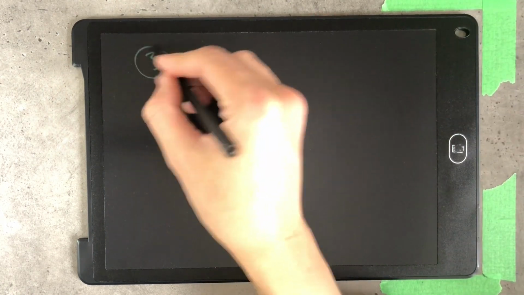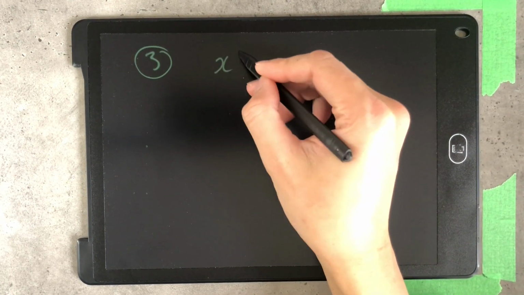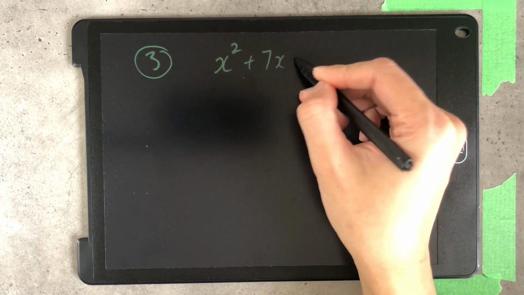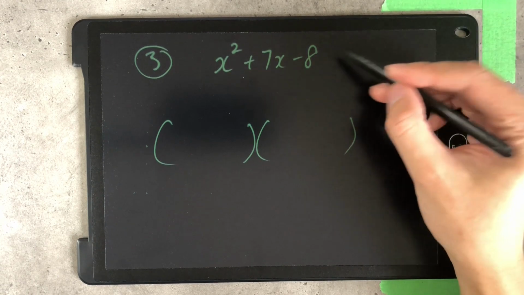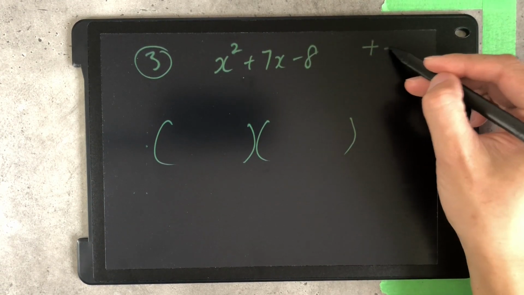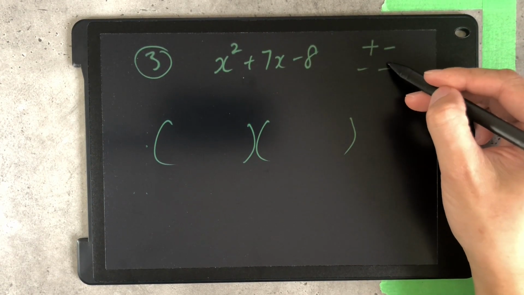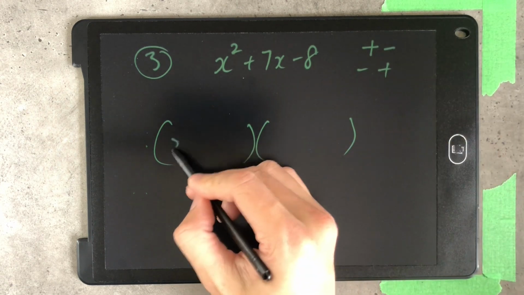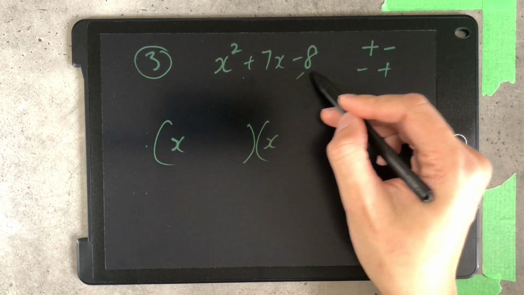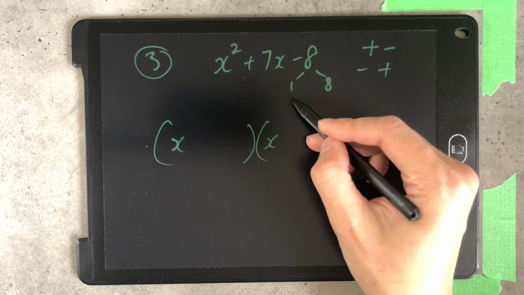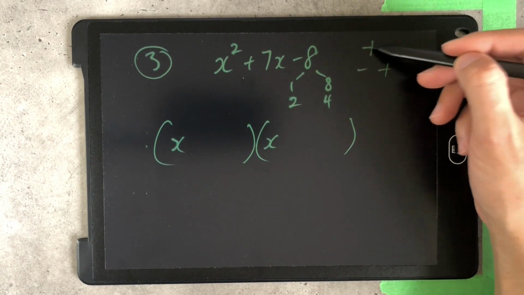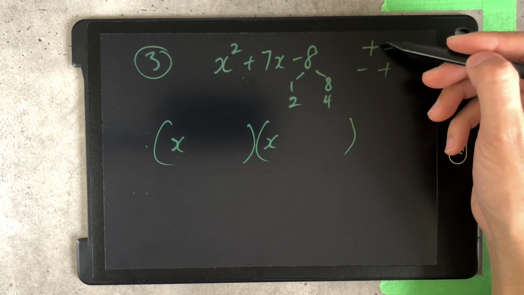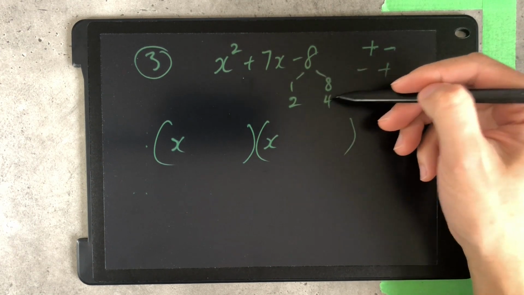Number 3, we have x squared plus 7x minus 8. Again, 2 pairs of brackets. We have a negative here, so it must be 1 positive, 1 negative, or 1 negative, 1 positive. Let's put in the x's. Now, this is a little harder because I have 1 and 8 and 2 and 4. Since the signs are alternating, that means we're going to be finding the differences of these factors.